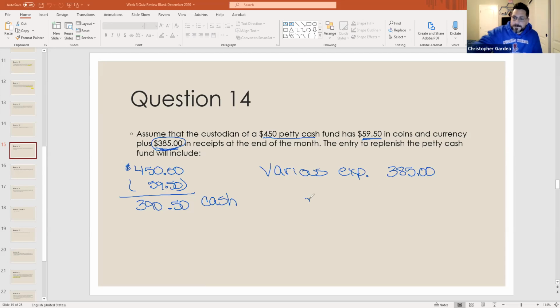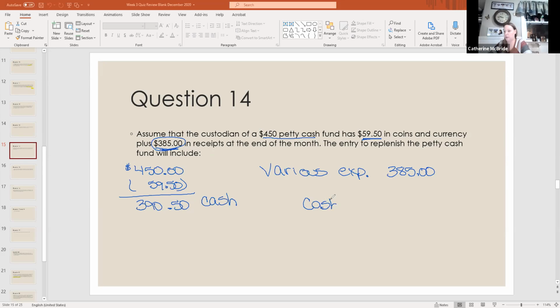I have to write a check to cash for $390.50 so that my balance in my box is $450. So my difference is $5.50.